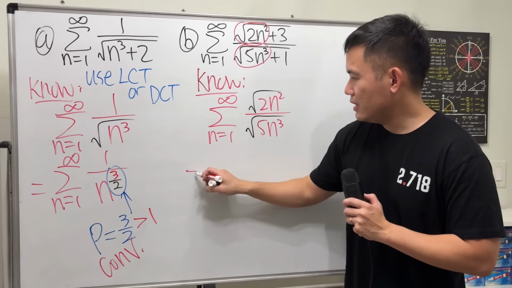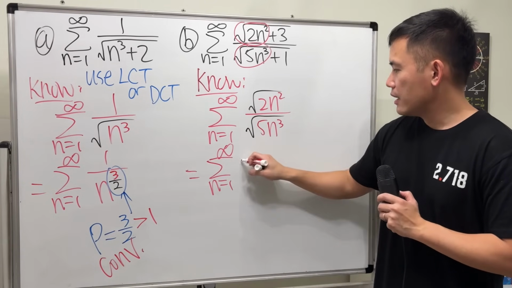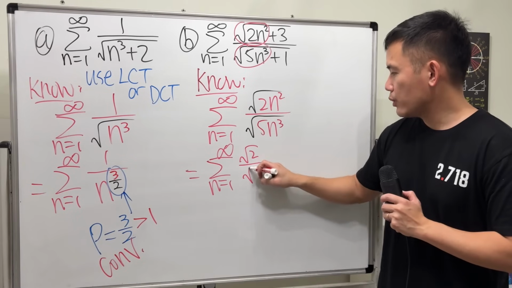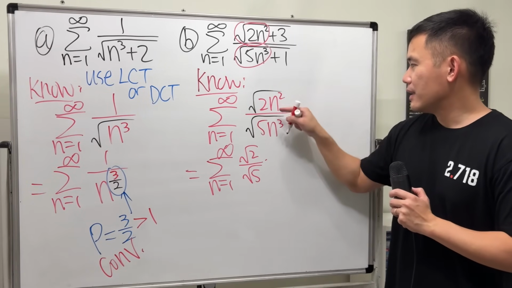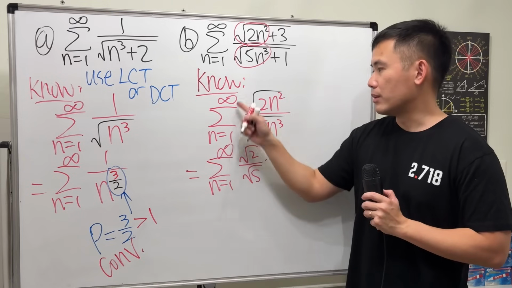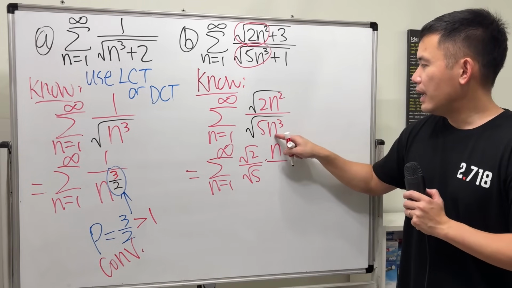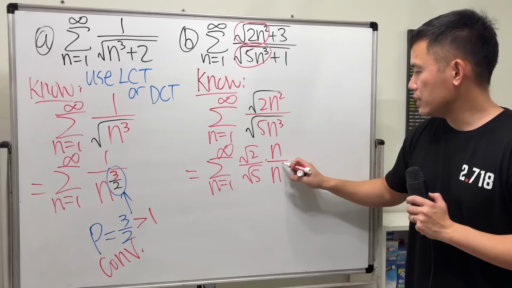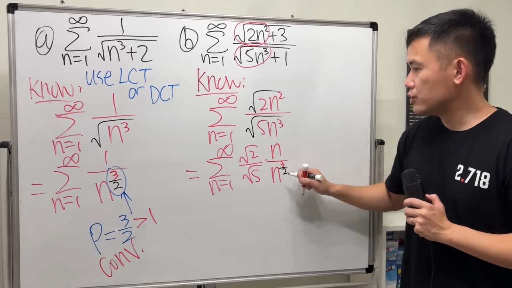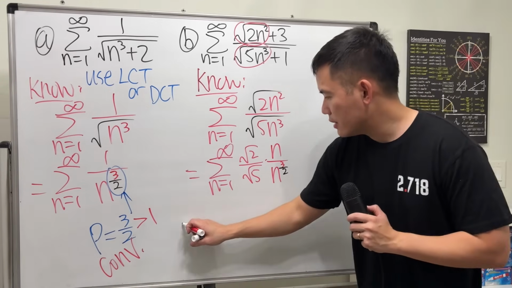Now this is equal to the series n equals 1 to infinity of the square root of 2 over the square root of 5, doesn't matter. The square root of n squared, n is just a positive whole number, so we just get n to the first power over n cubed in the square root, which is n to the 3 halves power, just like what we did over there. Now reduce this a little bit.